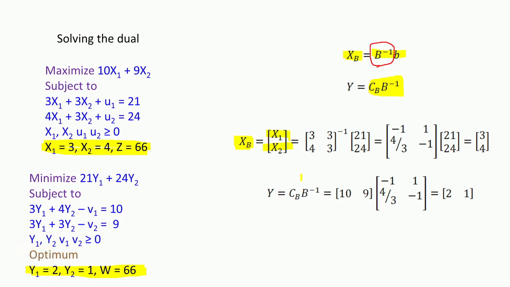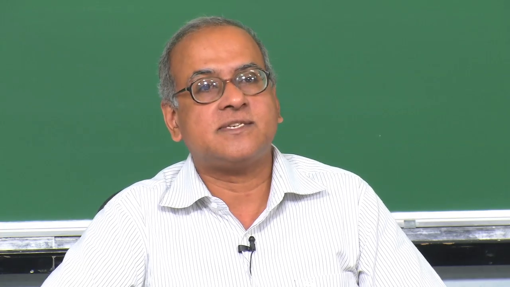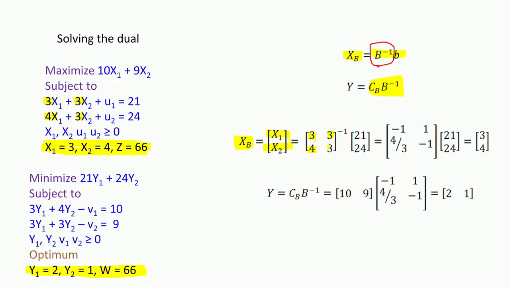If x1 and x2 are the basic variables, the coefficients of x1, 3 and 4, will come as the first column of B. x2 is the second basic variable, and remember there are two equations, therefore we can solve only for two basic variables. So for x2, 3 and 3 are the second column. That is your matrix B.